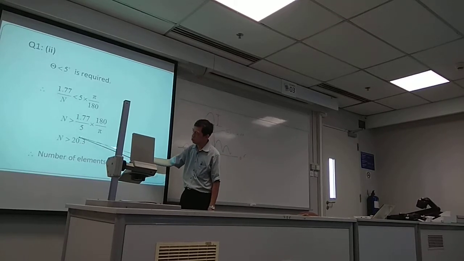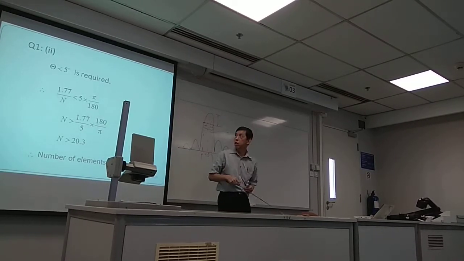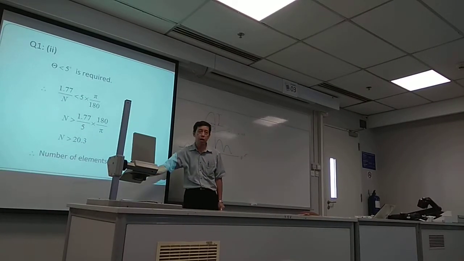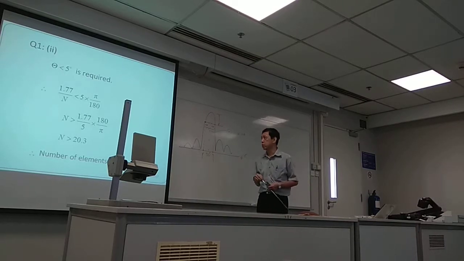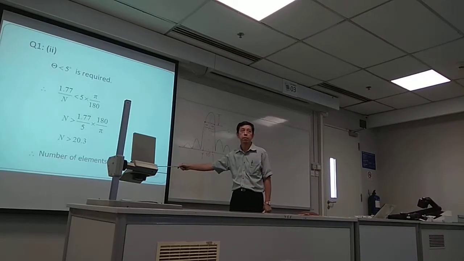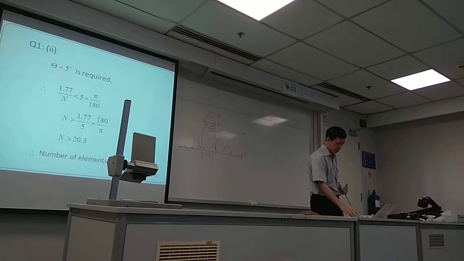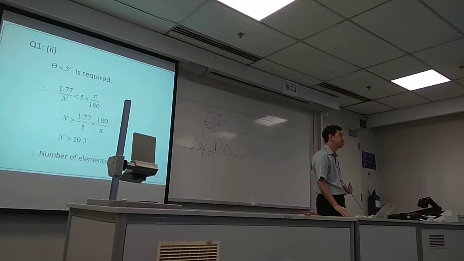And this is of course closer to 20, but n being an integer, and to be able to fulfill this requirement, we have to round up the value from 20.3 to 21. Okay, so that gives you the answer on the number of elements.